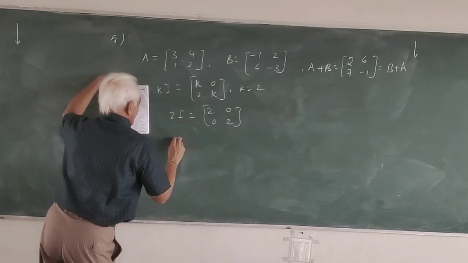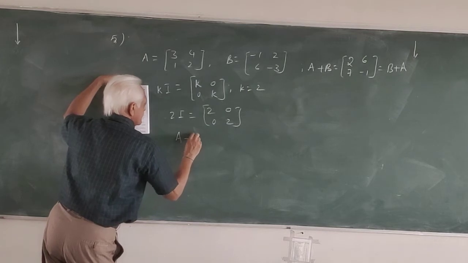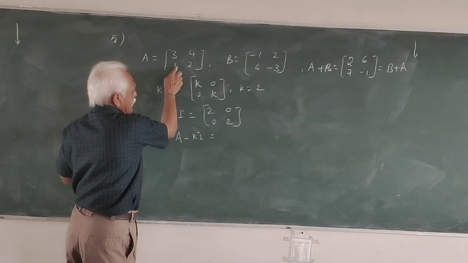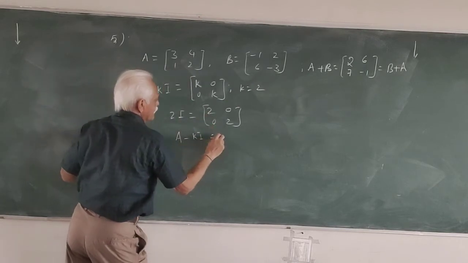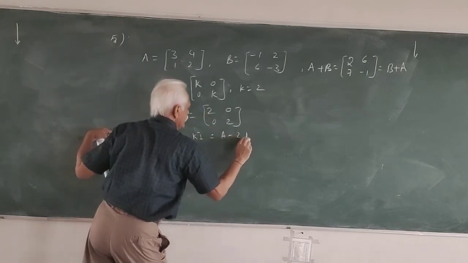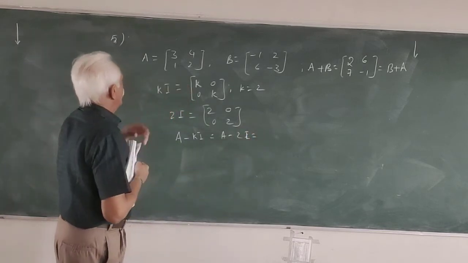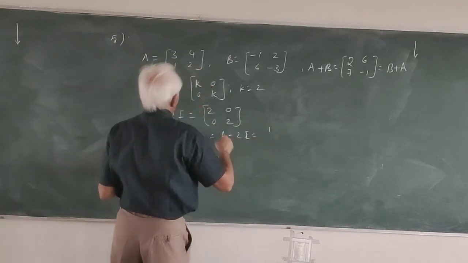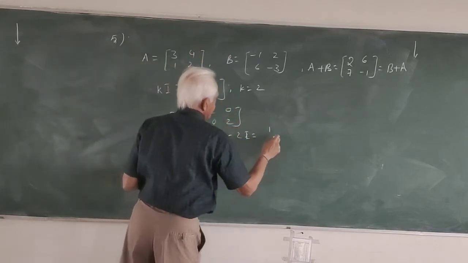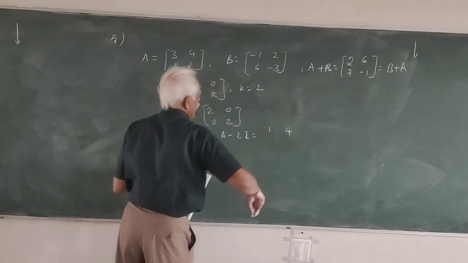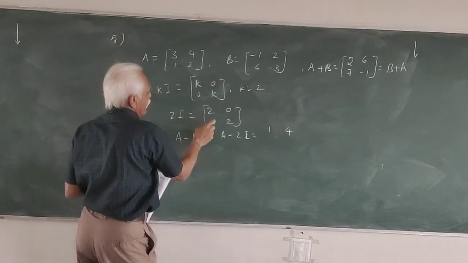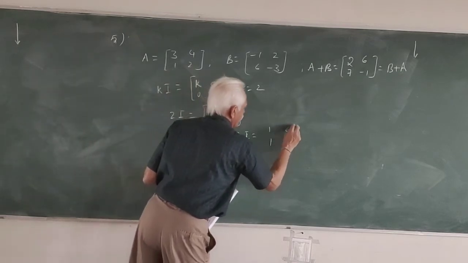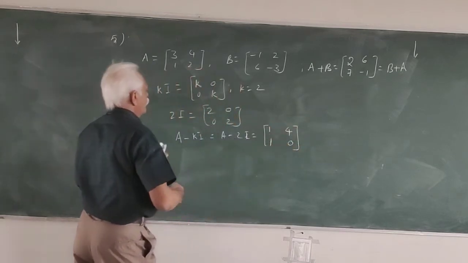Now, A minus KI, where K is 2I. How much are you getting? 3 minus 2 is 1, 4 minus 0 is 4, 1 minus 0 is 1, 2 minus 2 is 0.